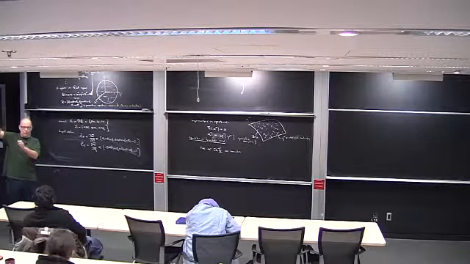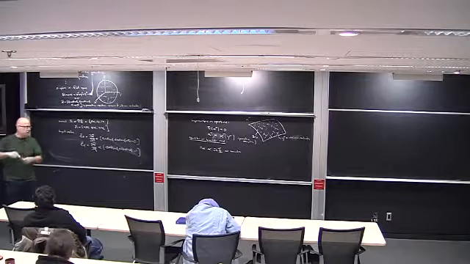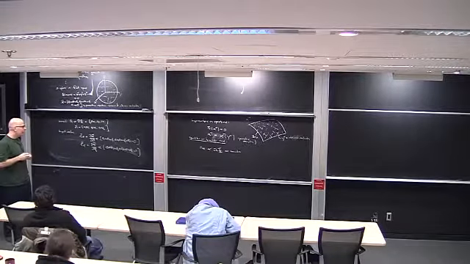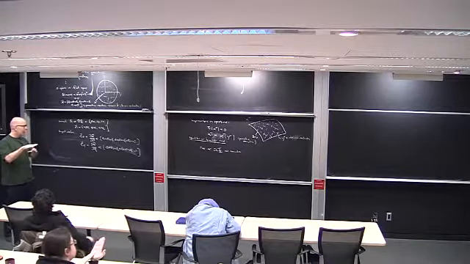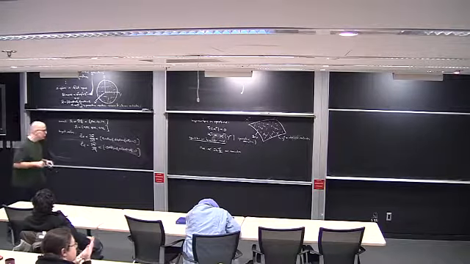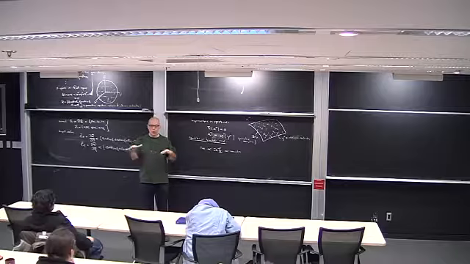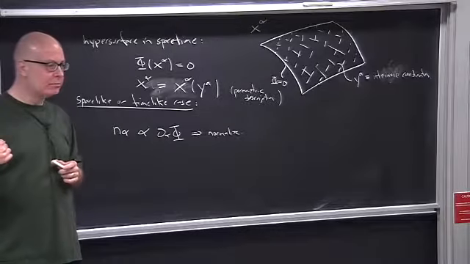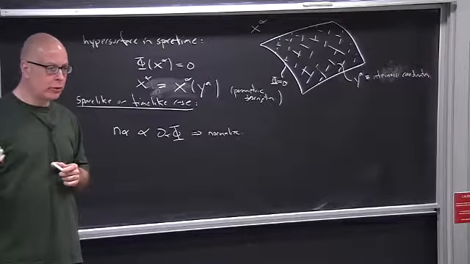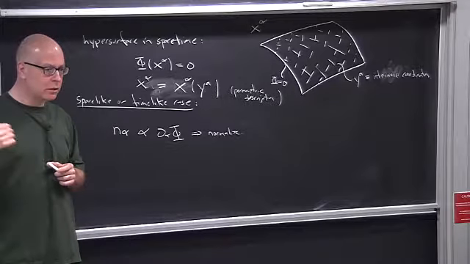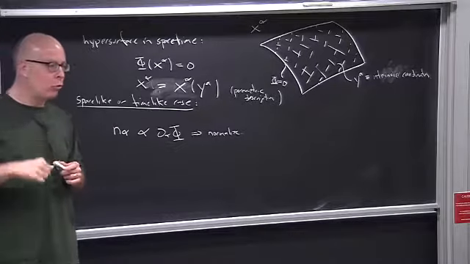Again, it's convention. You don't have to do it like this, but it's good to set up a convention that you adopt and stick with. The convention I'll pick for n is that it always points in the direction of increasing phi, and that's your notion of whether it's future directed or past directed, pointing out or pointing in.